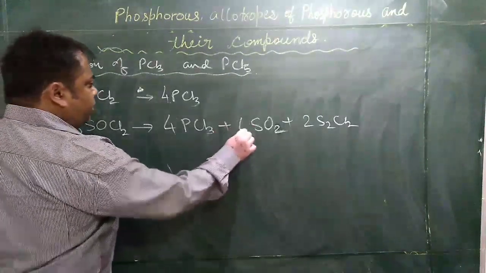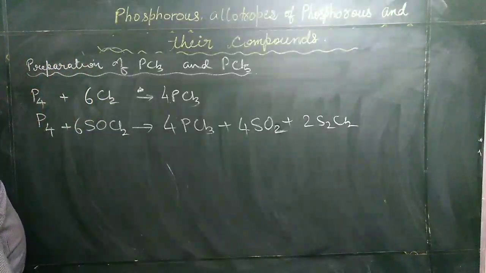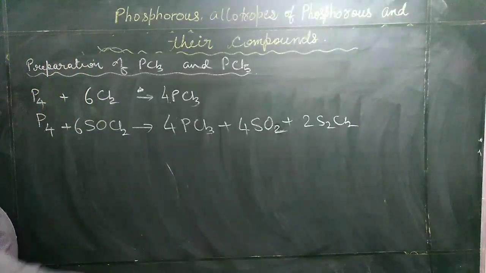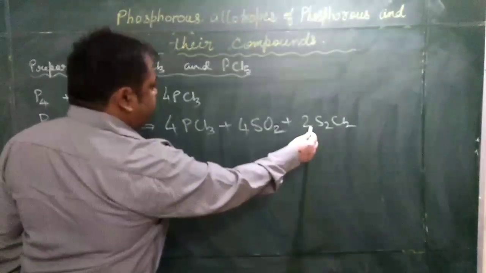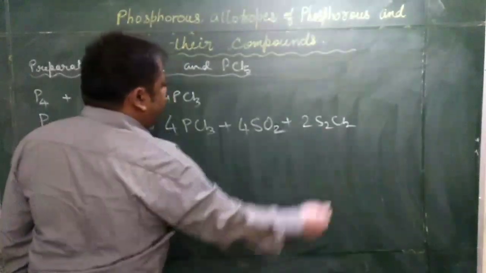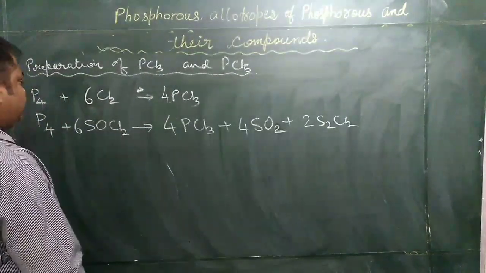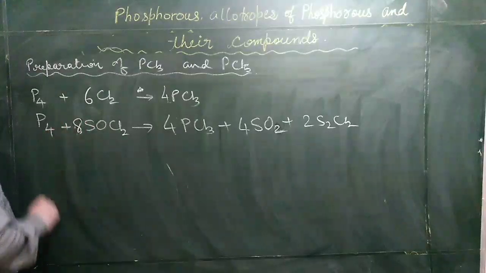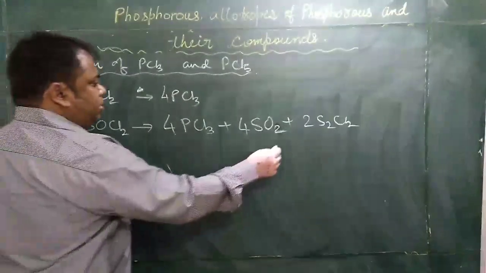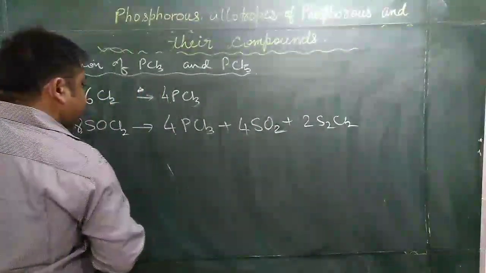Sulfur, if I give 4 over here, then this is 12 and 12 plus 4, 16. So then it has to be 8. If it is 8, then 4 sulfur here and 4 sulfur here, it is balanced.